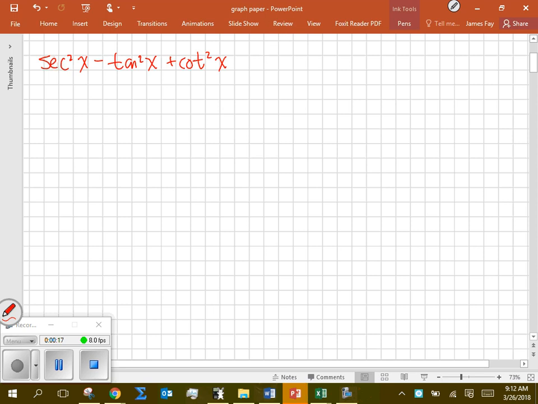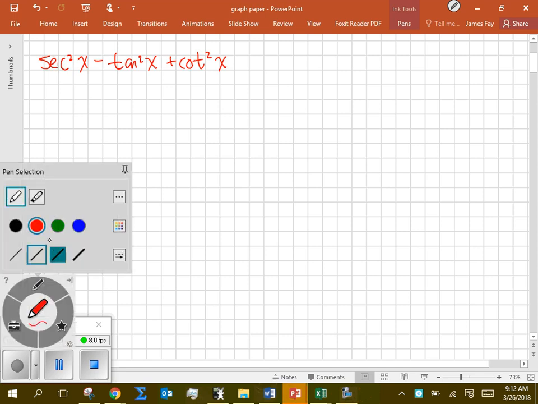So I want you guys to think about how you would solve this. Go ahead and solve this using the following information. If you know that tangent squared x plus 1 is equal to secant squared x, that's one of our key Pythagorean identities.